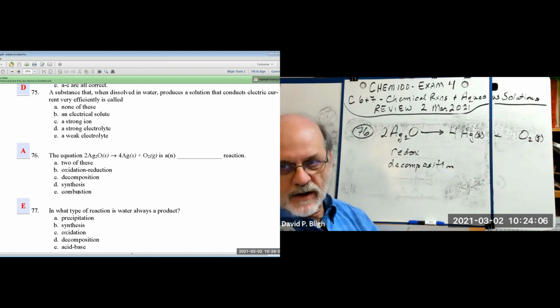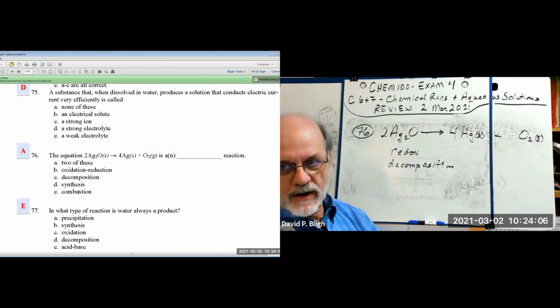That hydrogen is still +1, the hydroxyl is still -1, which makes this hydrogen a +1 and that one a -2. Same thing for water. There's no oxidation reduction there. There's no precipitation either. I don't see any solids there. There's no combustion. You don't have oxygen as a reactant. So the only one that's possible is acid-base.